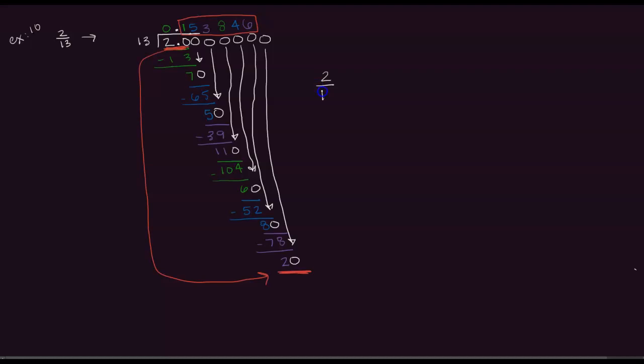So we know that 2 divided by 13 is going to leave us with the decimal 0.153846 repeating. That's our repeatend. So the full repeatend, 153846, that's going to continue.